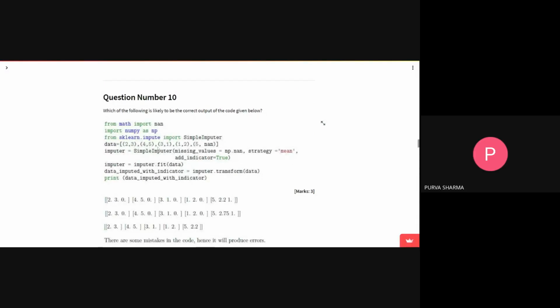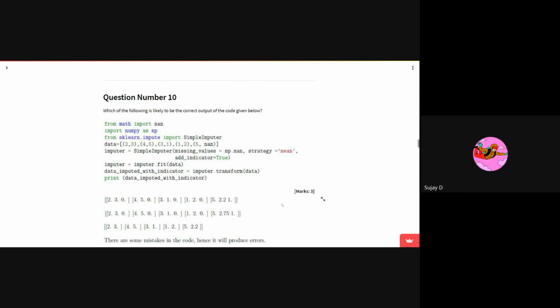It's the second feature, because the value is missing for the second column. Since the add indicator is set to true, we are adding another feature here, which will be 0 wherever the null value was not present, and 1 wherever the null value was present.